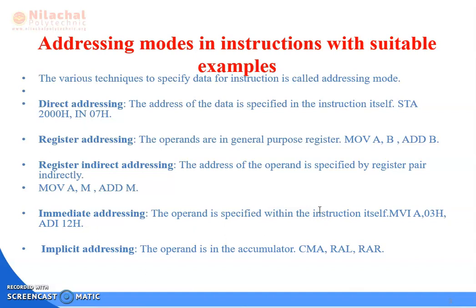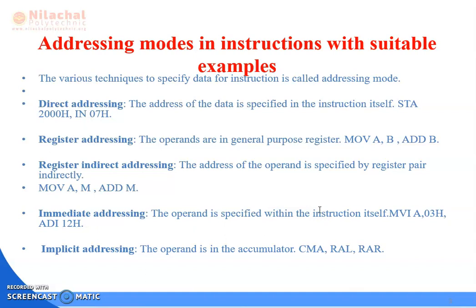Next is register addressing mode. The operands are in general purpose registers, for example, MOV A, B and ADD B. So the data or the operand is present in the general purpose register. Next is register indirect addressing mode.